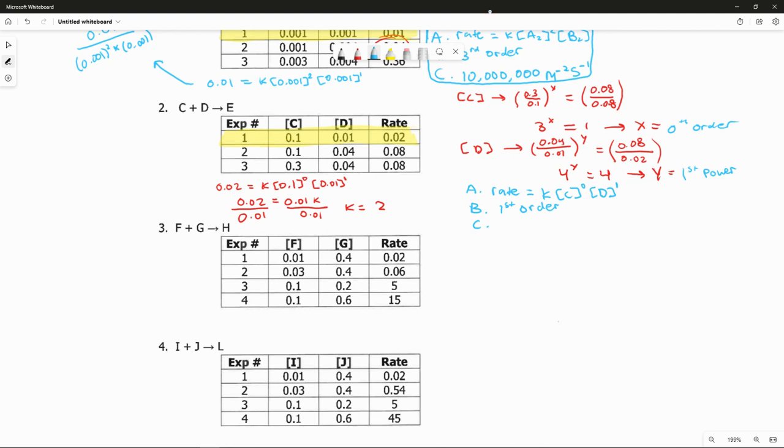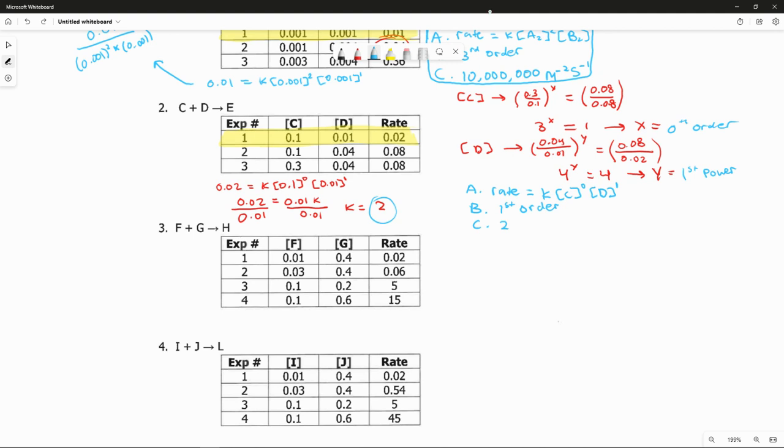So we can bring that over here, and we can say that the K value, the rate law constant value, is going to be 2. And for the units, as I've said, the m to the negative something, s to the negative 1, we take our overall value, which is 1 plus 0, which is 1. And since 1 minus 1 is 0, we can only put the s to the negative 1 on here.